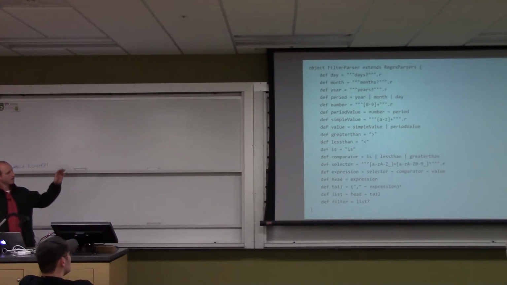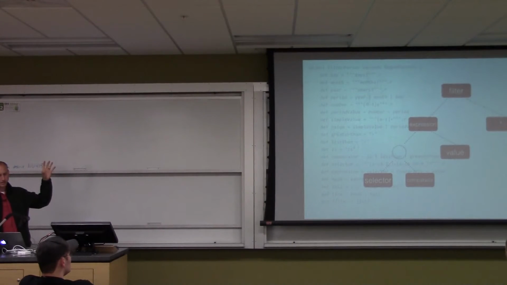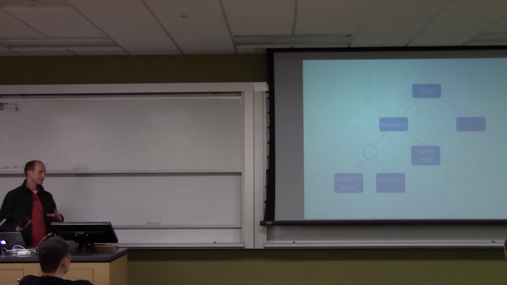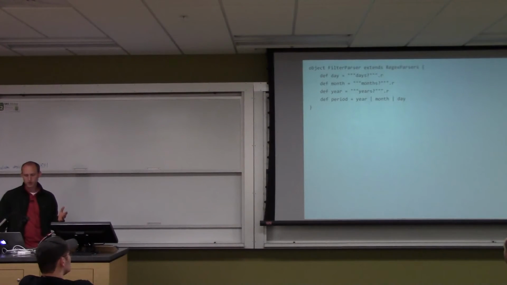So if we have our grammar right here, and we have our syntax tree that we built, all those case classes, what we want to do is combine them to get our completed abstract syntax tree. And fortunately, RegexParsers makes this so simple. You can just inline your tree directly into your grammar. Let me show you.